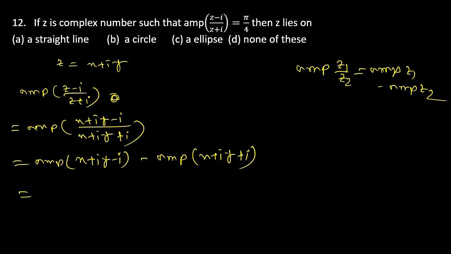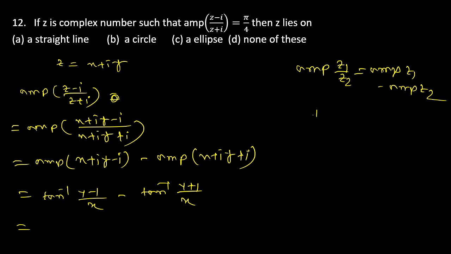Now amplitude of x plus iy minus i means tan inverse of imaginary part y minus 1 and real part x, minus tan inverse of imaginary part y plus 1 and real part x.